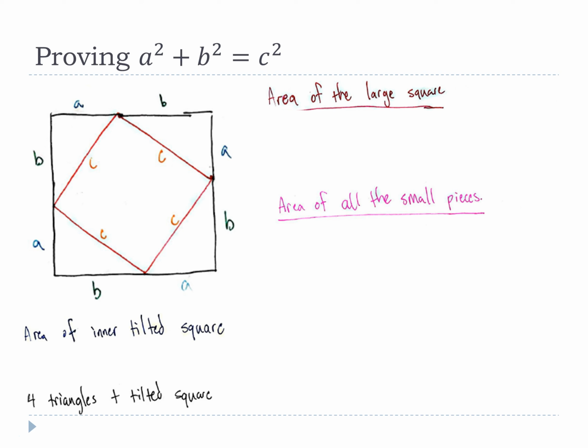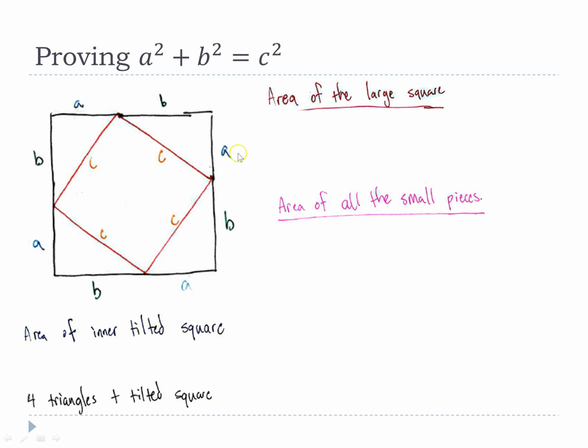Area is another review topic, but to find the area of a square, you multiply one of its sides by the other side. Here's the big deal: for this square, each side is made of two parts. Each side is A plus B, on the bottom and on the right-hand side.